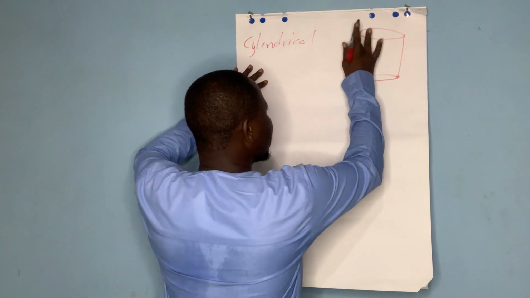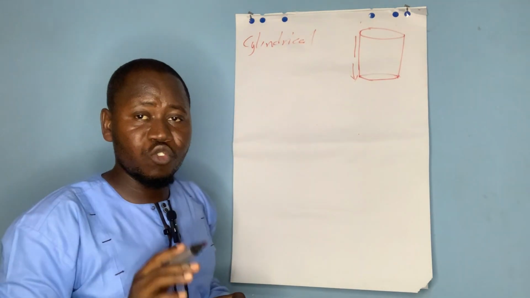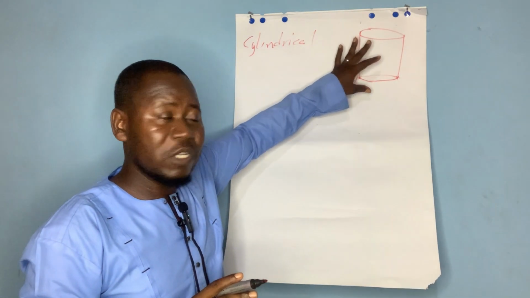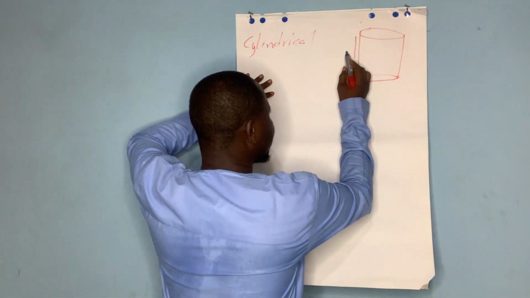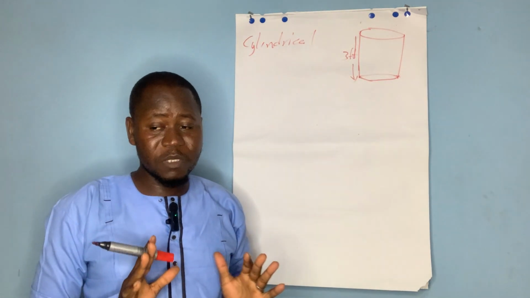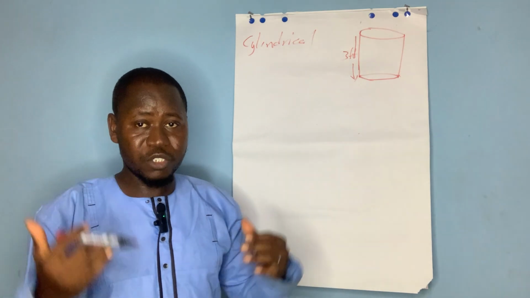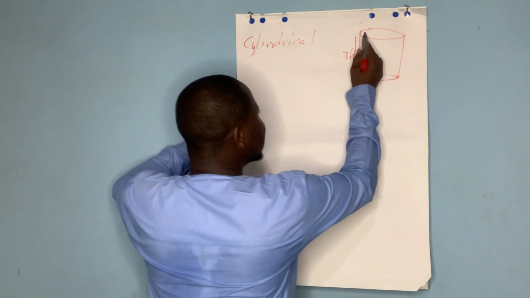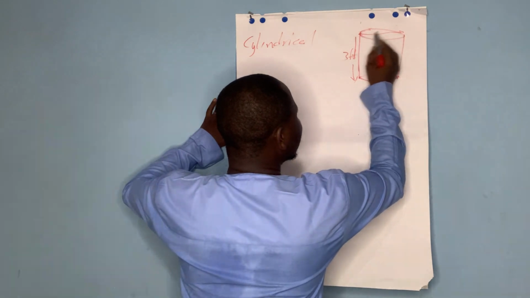And like I said, don't always fill it to the brim. So let's say the height of this cylindrical pond is 3 feet. Like I said, for catfish, the water level should be at least 3 feet for them to thrive better. Now, this is the diameter.